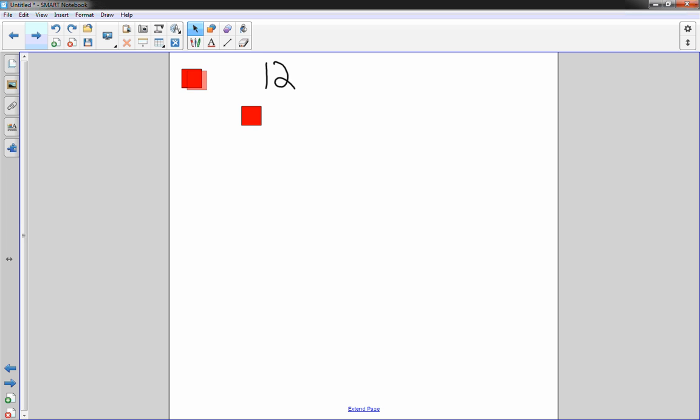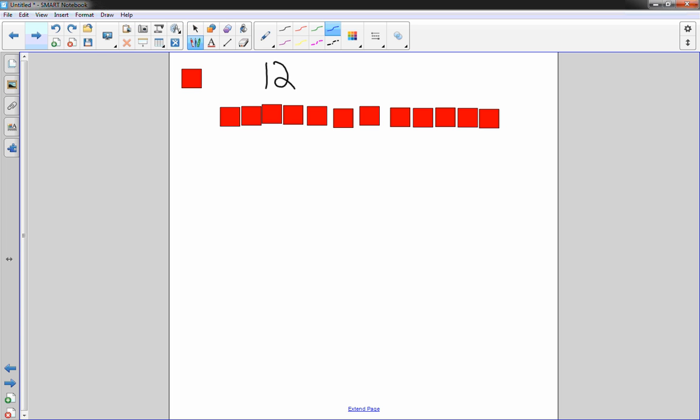So one way is a long skinny one. 1, 2, 3, 4, 5, 6, 7, 8, 9, 10, 11, 12. That's one way. This is 12 by 1.